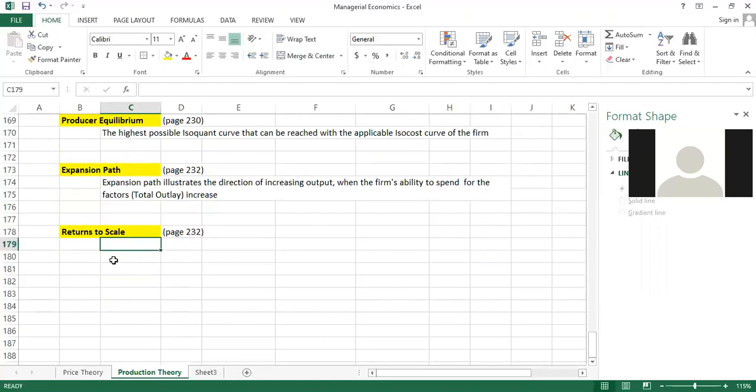So here, returns to scale has different patterns.